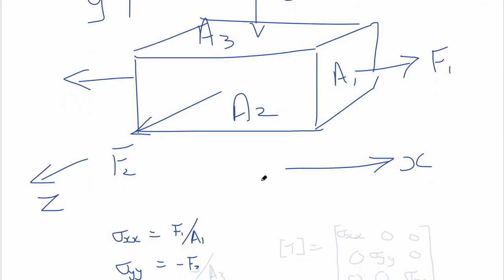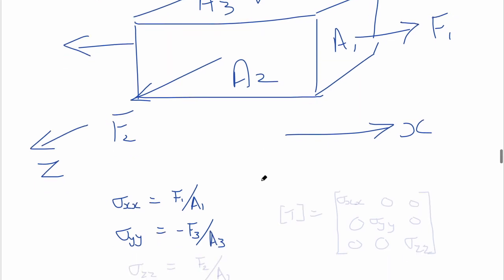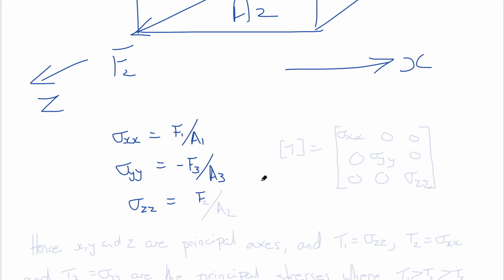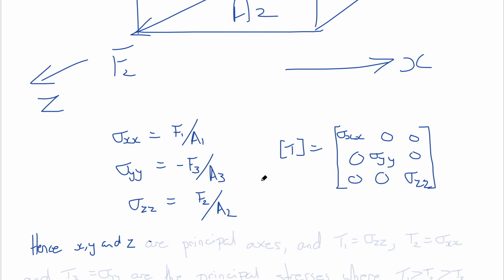So sigma xx would be F1 over A1, sigma yy would be negative F3 over A3, and sigma zz would equal F2 over A2. In this case, where all tractions are normal, the stress tensor is diagonal. Since all the off-diagonals are 0, that means that sigma xx, sigma yy, and sigma zz in this example must be principal stresses, and x, y, and z must be principal axes.